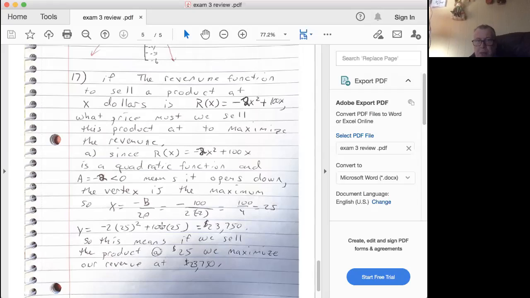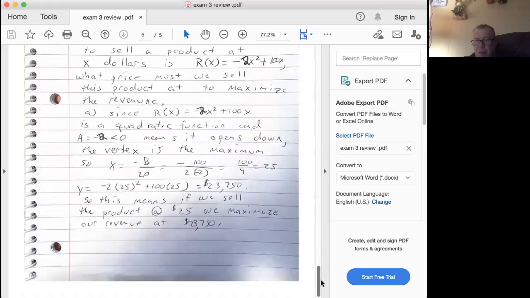Well, let's find out. If we sell this product for $25, how much revenue do we have coming in? So let's see, y equals -2 times 25 squared plus 100 times 25. Plugging that into the calculator, we get $23,750. So this means if we sell the product at $25, we maximize our revenue at $23,750.